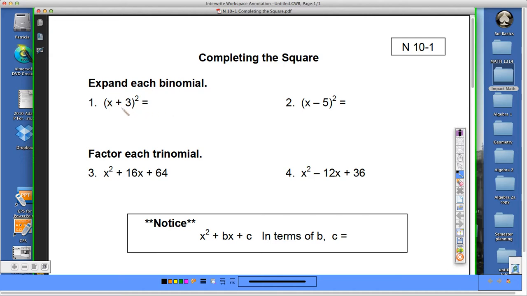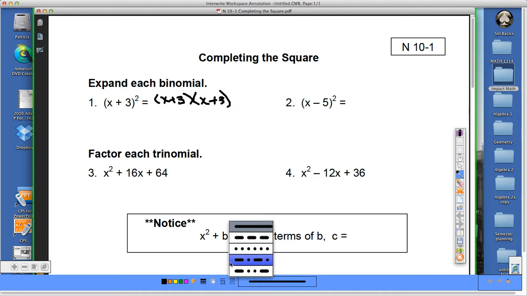Okay. When we expand each binomial, what that means is we're going to take x plus 3 times x plus 3. That's what x plus 3 squared is.